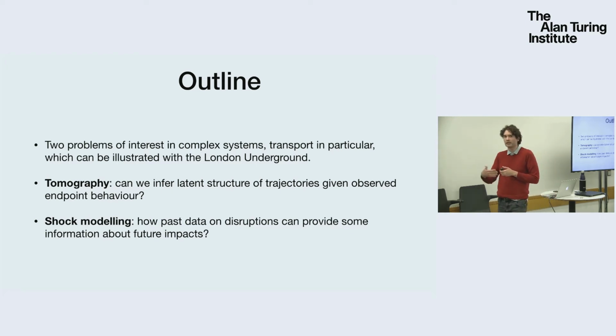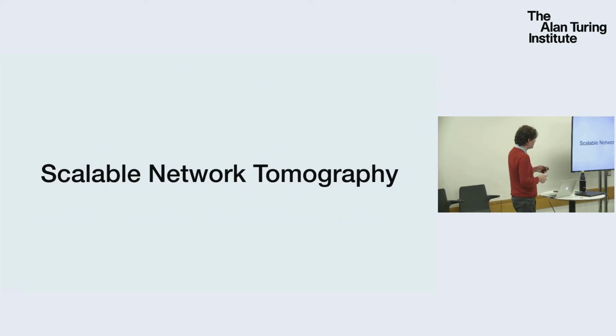So if a new disruption takes place, or if you want to simulate what might happen when a disruption takes place, what people will do. So again, measured in terms of what you can observe with the Oyster card. Okay? So this is this first half. I'm going to explain the basics of this problem.